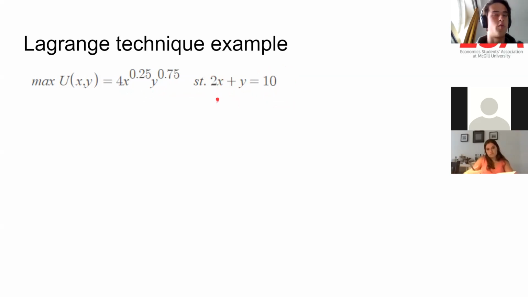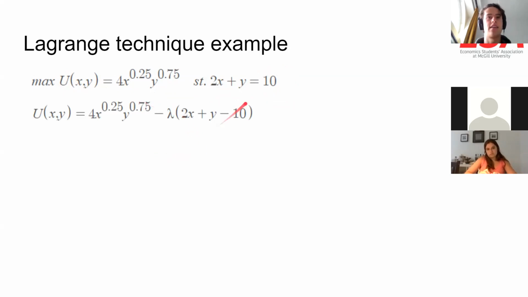So what we'll try to find here is the optimal X and Y so that your utility is maximized. The way we go about it is by, as I said, rearranging this side of the equation to make it equal to 0. So here 2x plus y minus 10 equals 0. I hope we will see that.